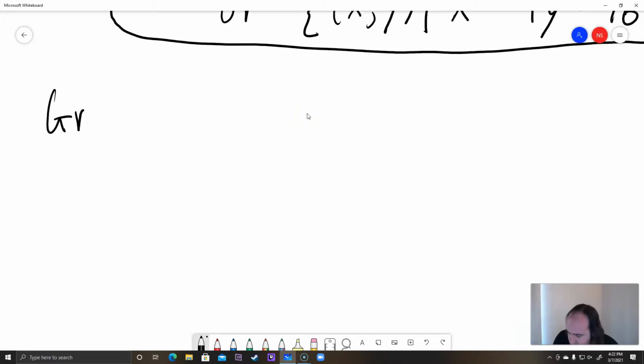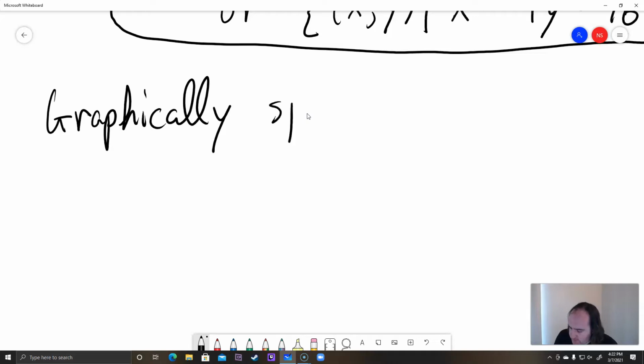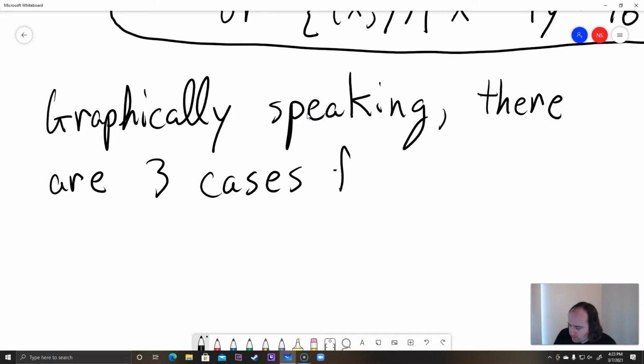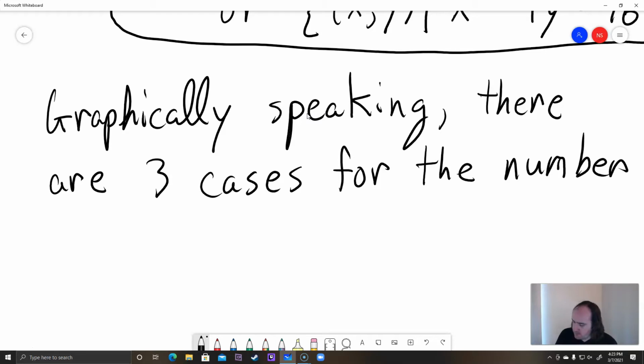So graphically speaking, there are 3 cases for the number of solutions to a system.